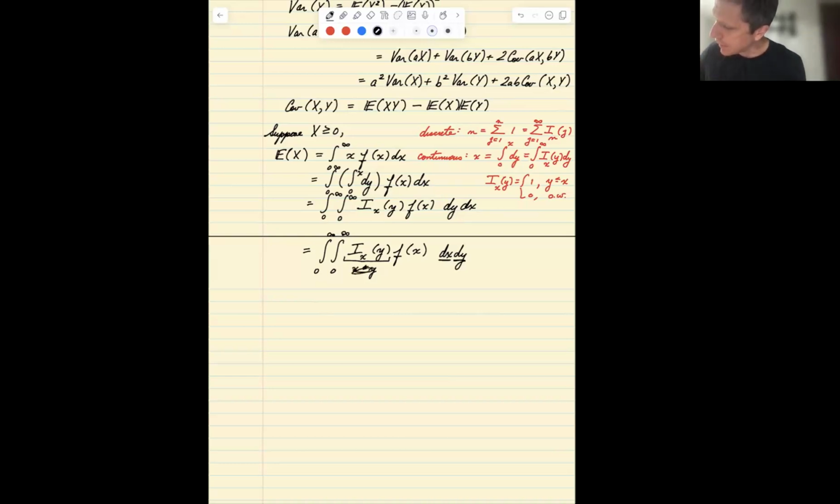Sorry, this now has to be looked at as a function of x and not y, right?